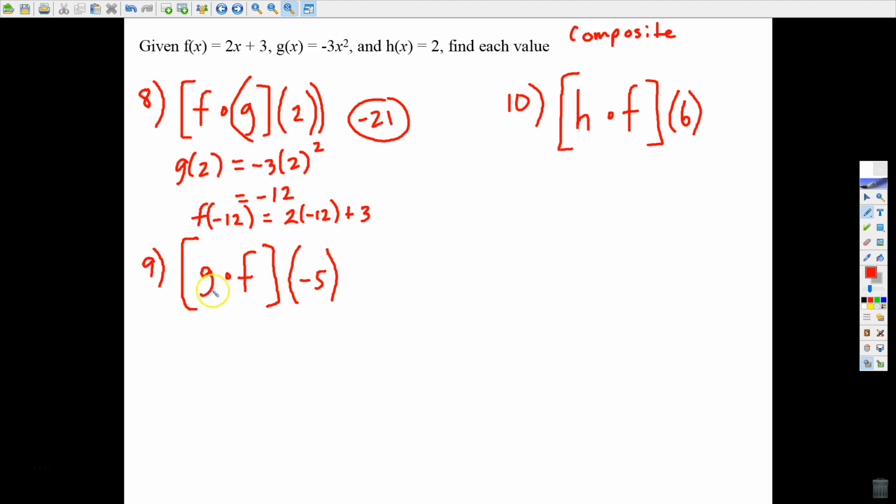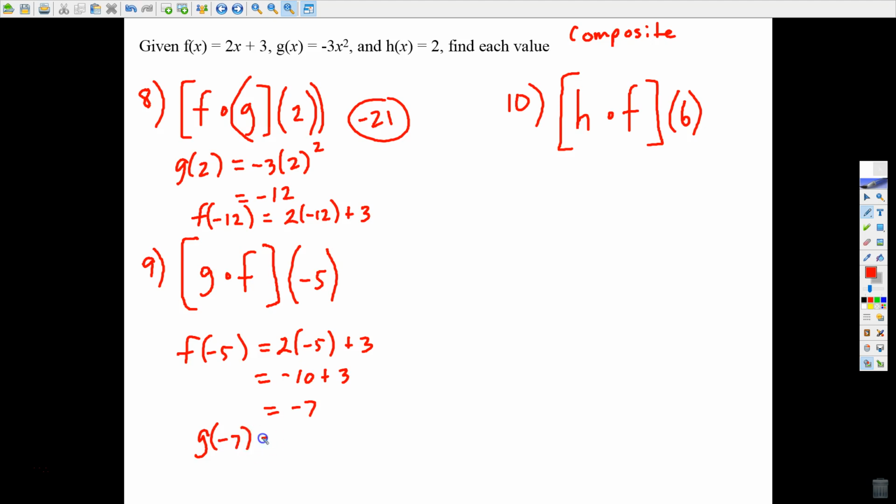Okay, number 9 says use negative 5 as an input in the f function first. So let's determine f of negative 5. Negative 10 plus 3 is negative 7. Now negative 7 becomes an input into the g function.